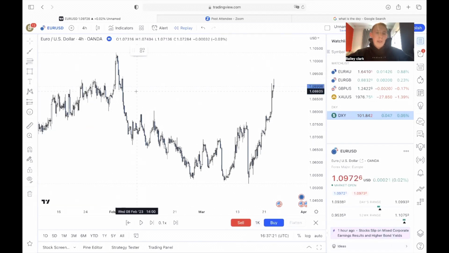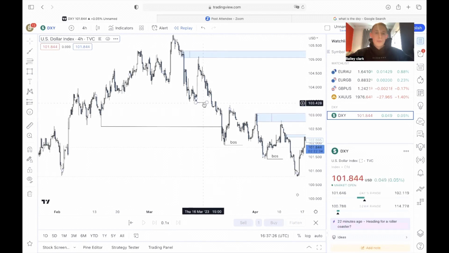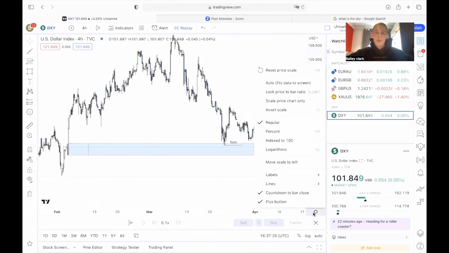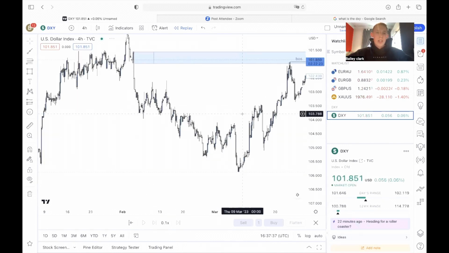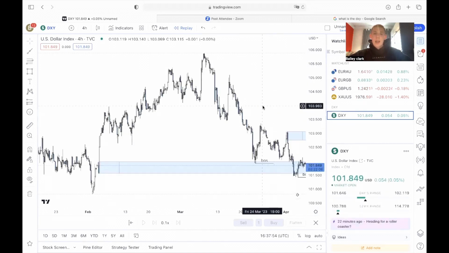You can see how this area here looks identical to this level on the DXY. And in fact, if we actually flip the chart, you can see that the price action at that point in time was basically the same, but flipped, obviously.